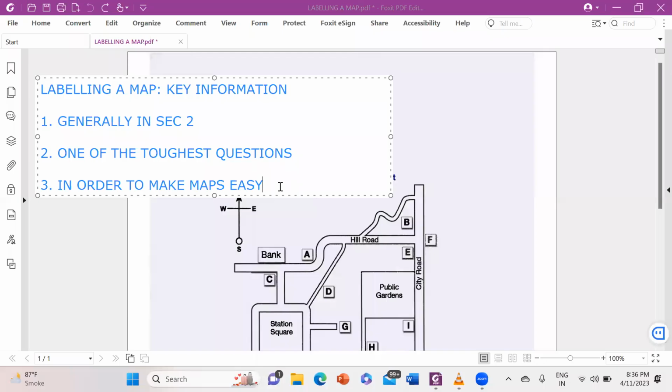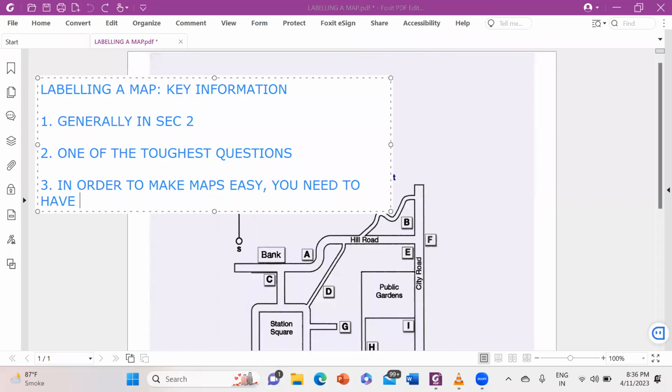In order to make maps easy, you need to have directional vocabulary. What do you need to have? Directional vocabulary. I'm going to show you what I mean by that. Okay, don't worry.